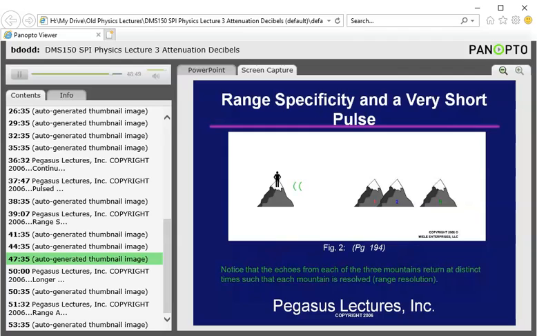So if it takes 56 microseconds for the signal to go from the transducer to the interface and back, then how deep was the interface? Spend 1 minute to figure that out for me. We're looking at 56 microseconds for the sound to go from the transducer to the interface and back.